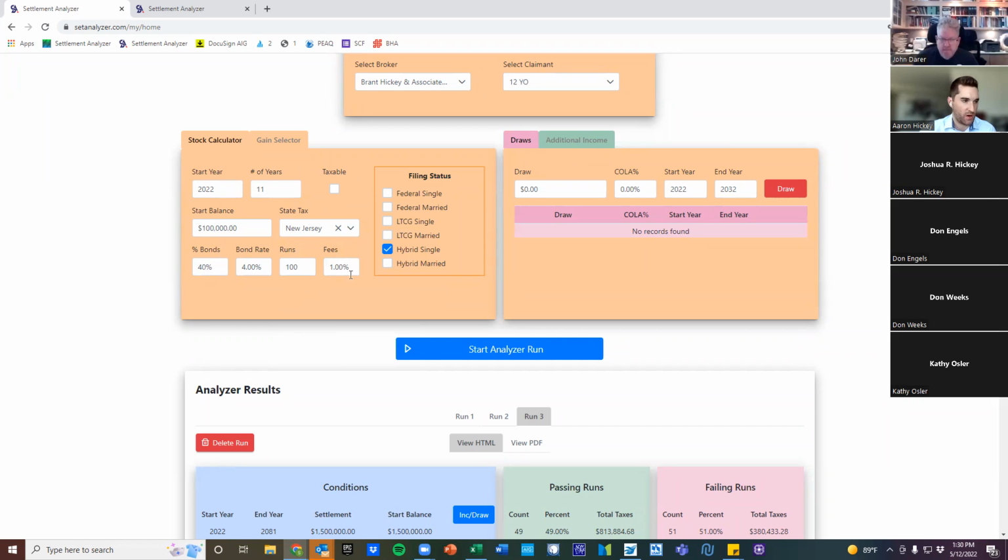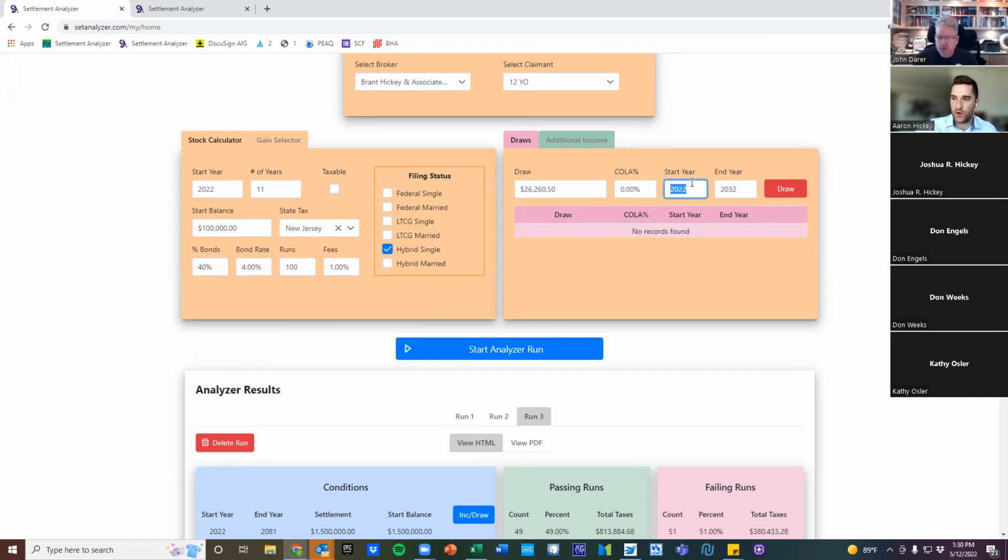In this case, we'll also keep our fee percentage the same. This individual is going to be taxed at a hybrid single rate. And then again, looked earlier today, and I said, what can I buy with $100,000 for a 5-year period certain? And the answer was this, $26,260.50.